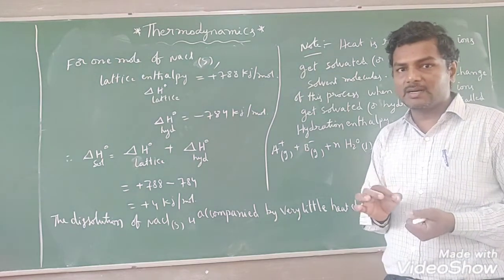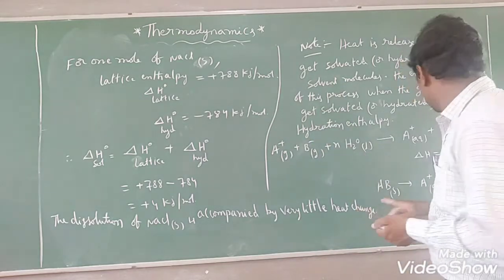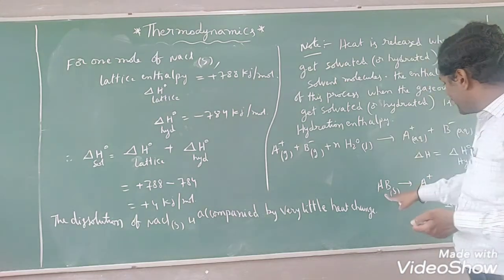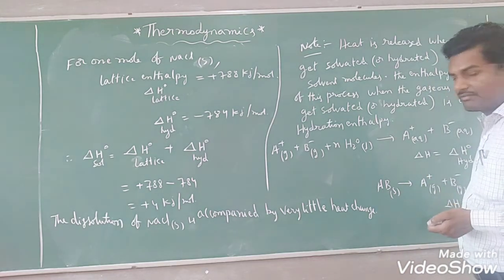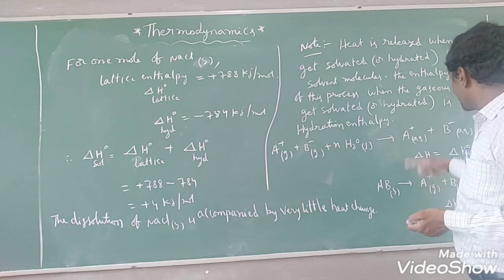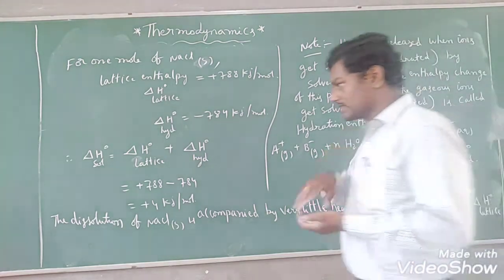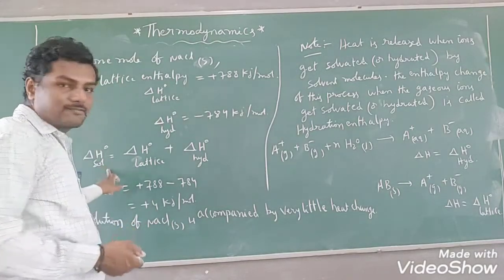That means the enthalpy of solution is the sum of the lattice enthalpy and the hydration enthalpy, right? AB solid converting into its gaseous ions is lattice enthalpy. Those ions converting into the aqueous medium is called hydration enthalpy, students, right? So now we are going to discuss enthalpy of solution.